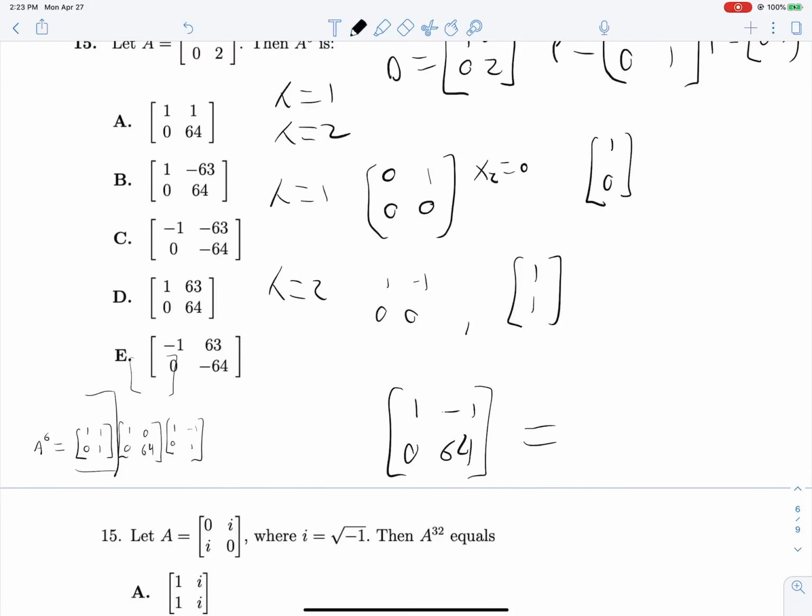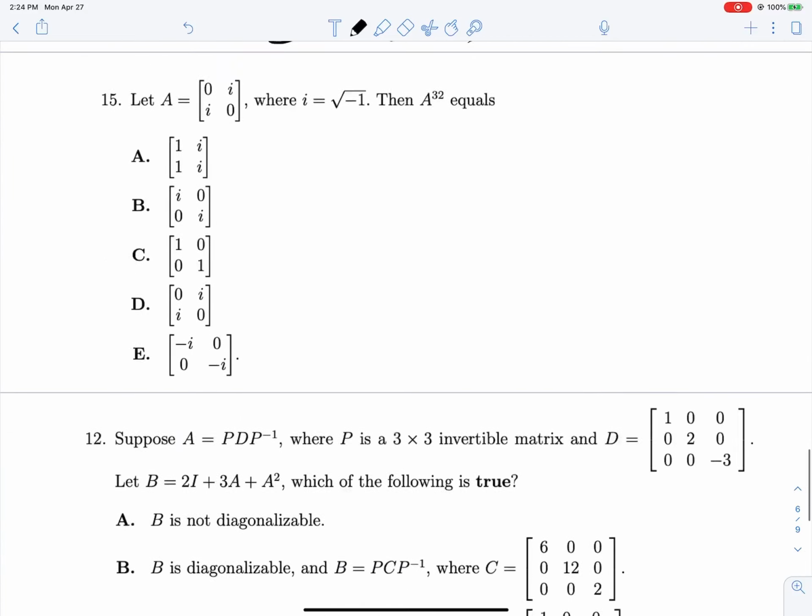Multiplying this guy by that final matrix right there, which is 1, 0, 1, 1. This gives us 1, 0, 63, 64, which is answer choice D.